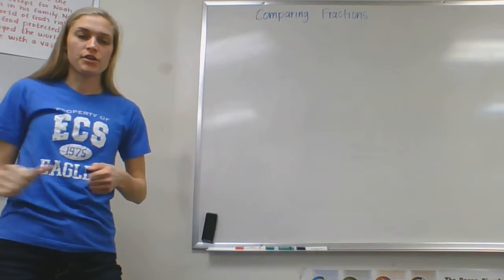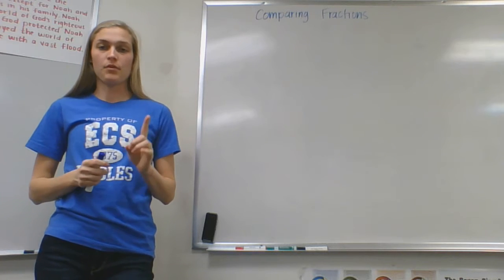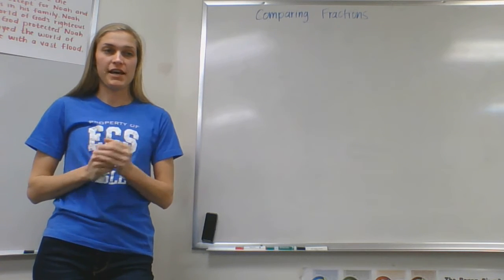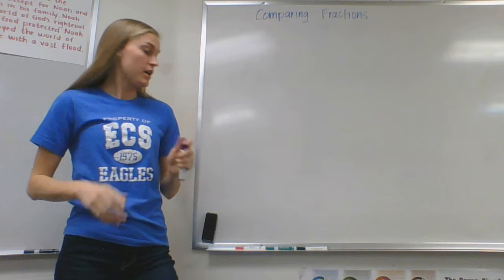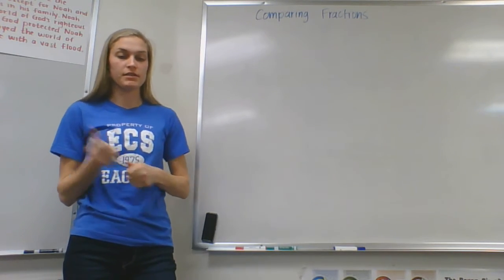You will be given two fractions today with different denominators, and you need to, step one, make both the fractions have the same denominator, because when the fractions have the same denominator, that's when we can compare them the easiest.